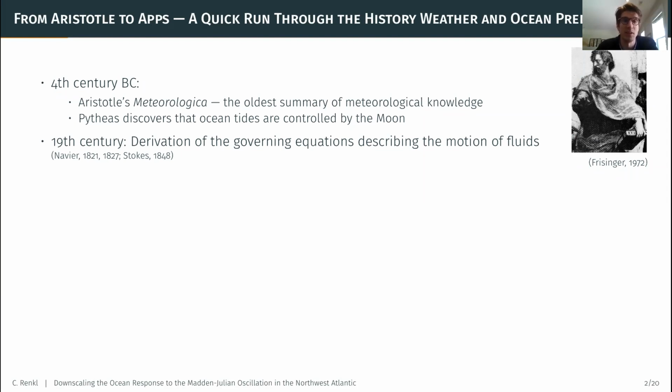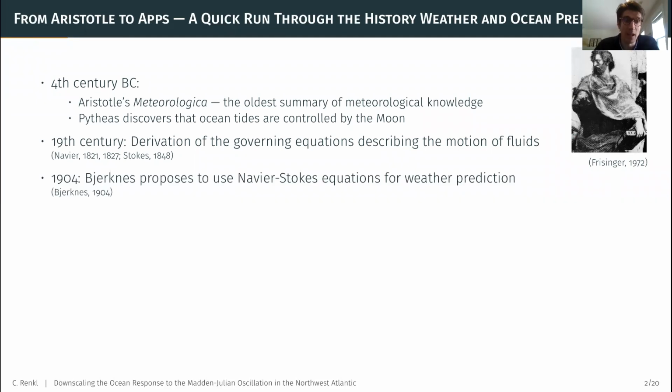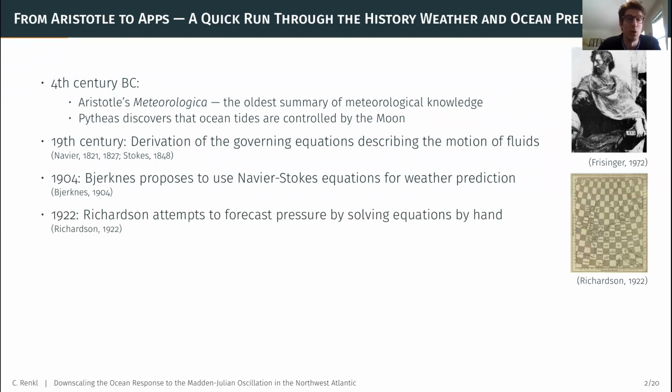And that was in the 19th century when Navier and Stokes derived the governing equations describing the motion of fluids. In 1904, Bjerknes proposed that these Navier-Stokes equations could be used for weather predictions, given that the current state of the atmosphere is accurately known.